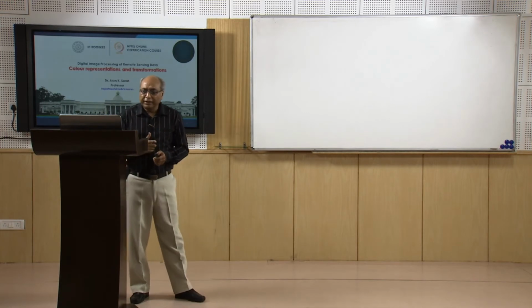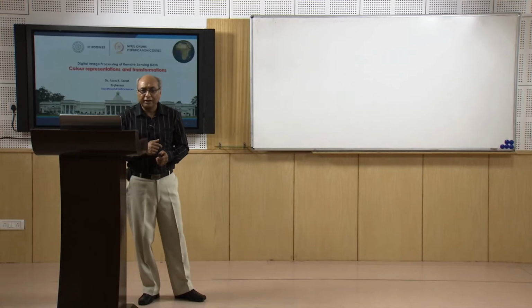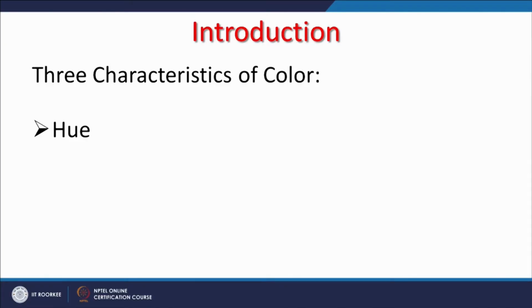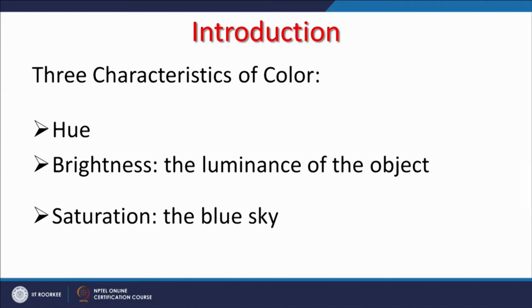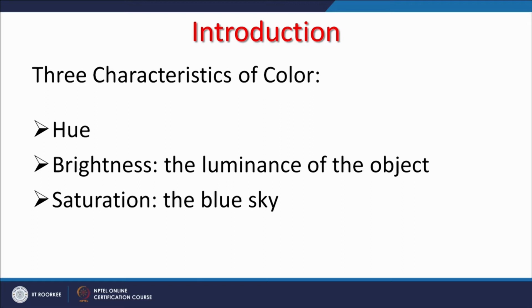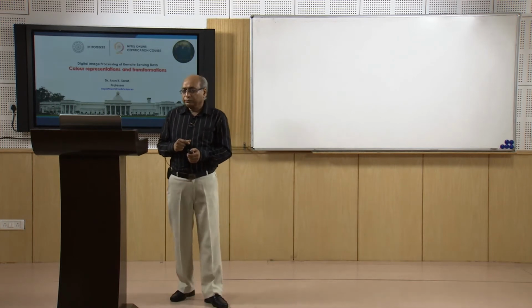As we know that there are various characteristics. So, the three important characteristics of colors are hue, that is basically the color, then brightness, also called the luminance of the object, and then the third one is the saturation, like for example the blue sky. So, these three characteristics are very important.